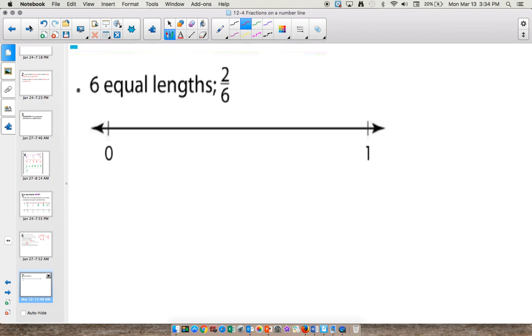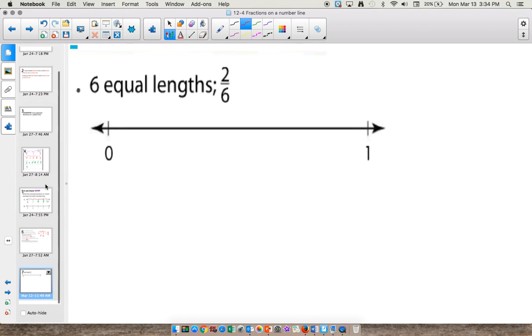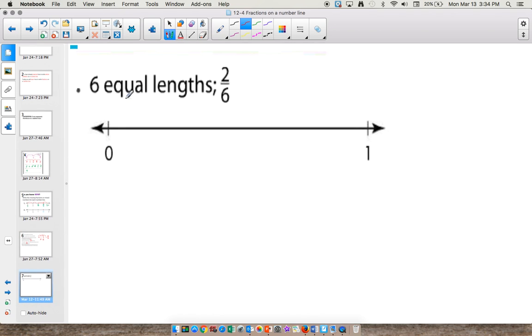Now I have to create this number line right here, and it tells me what to do. It says I need 6 equal lengths. That means I basically need to have like 6 sections or 6 hops. And then I need to label 2/6. So I have 0. That's basically 0/6, right? And then I have 1, which is 6/6, right?